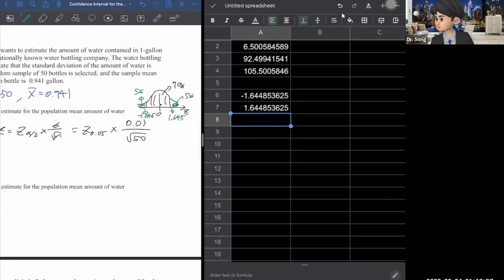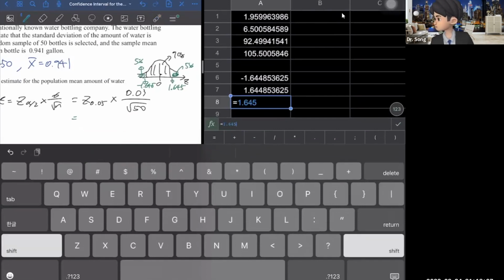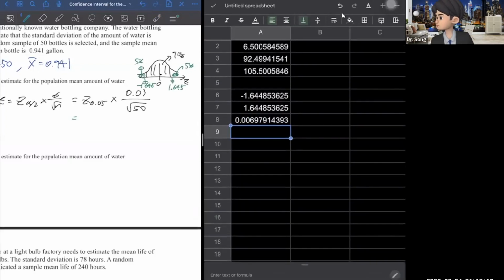Okay. So then let me calculate this thing. Critical value times the standard error. So 1.645 times 0.03, that's the standard deviation, over square root 50. Then we get the margin of error.